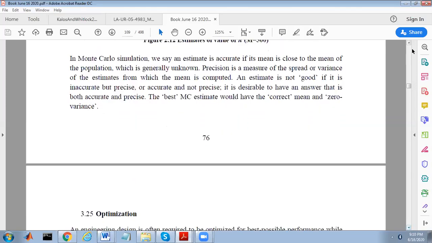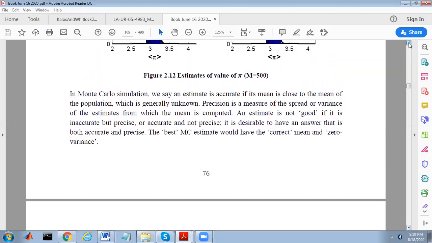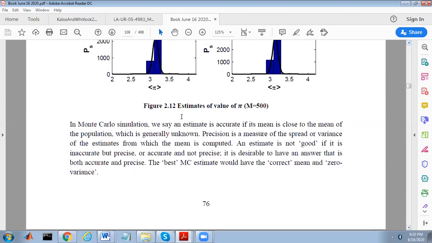Okay, so this brings me to the end of this lecture. In Monte Carlo simulation, we say an estimate is accurate if its mean is close to the mean of the population, which is generally unknown. Precision is a measure, and this is very important. What is a good answer and what is a bad answer? A good answer has to be precise and accurate.